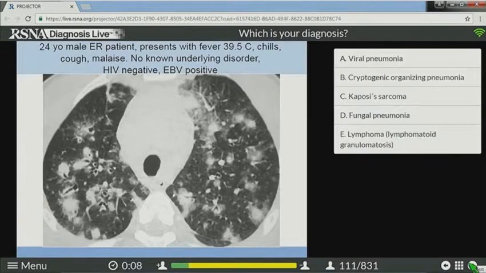Five possibilities. And as a hint, you need also to look at the clinical history and the symptomatology of this patient to arrive at the right diagnosis.